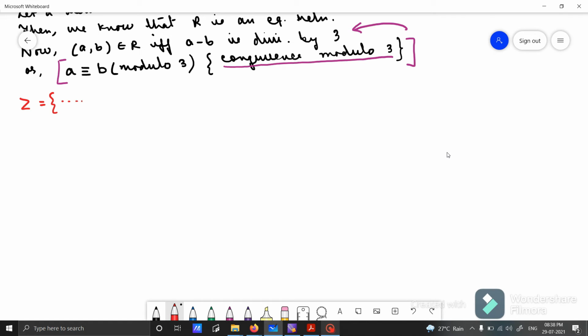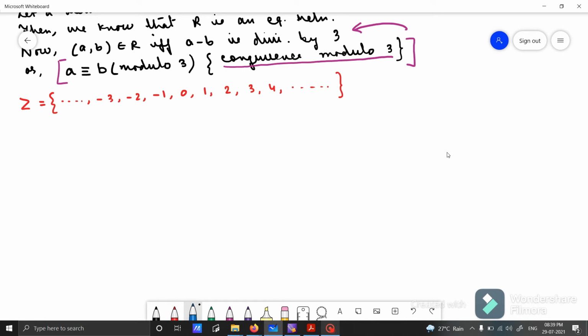It is infinite: minus 3, minus 2, minus 1, 0, 1, 2, 3, 4, and so on. Okay, so this is Z. Now one by one let us pick up elements from Z and see which equivalence class each will belong to.